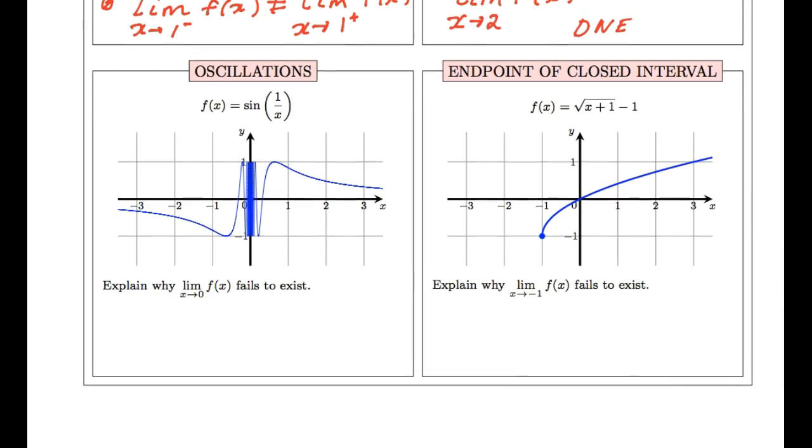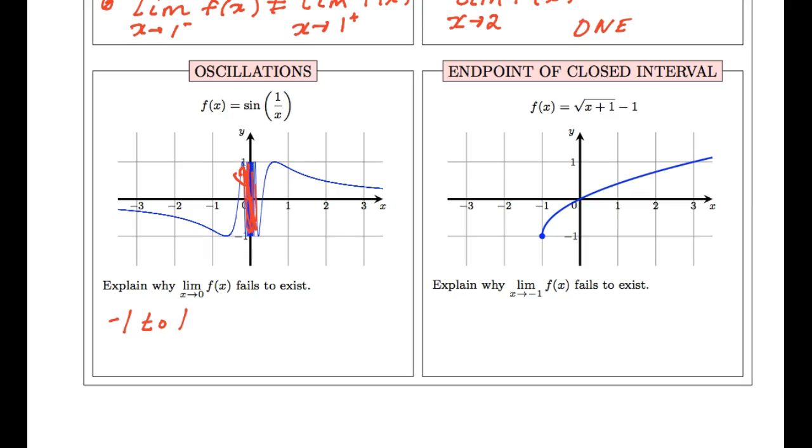Oscillations. And we'll talk about the squeeze theorem. Explain why the limit as x approaches 0 fails to exist. Here's 0, and the values you're getting are oscillating, going boom, boom, boom, like a ping pong, back and forth. The limit fails to exist because it's oscillating between -1 and 1.